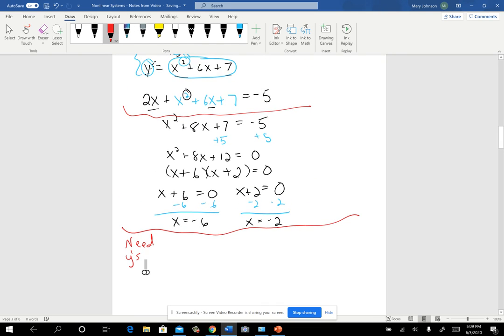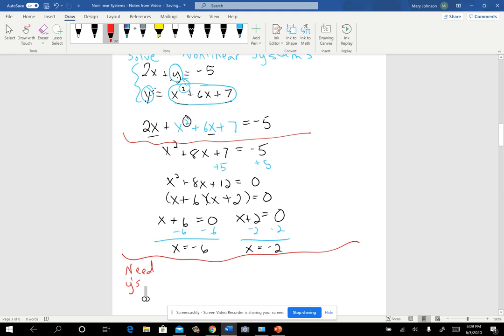So I'm going to go back up and take one of these 2 equations. You can take either one. Say we take the first one. Okay. I'm going to wind up plugging in this -6 right here for the x. And then I'm going to do that same equation, but I'm going to put the -2 for the x.